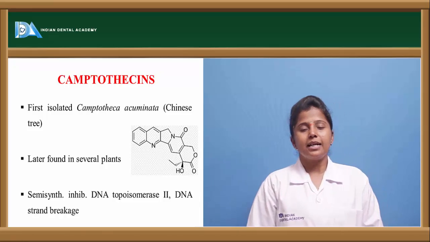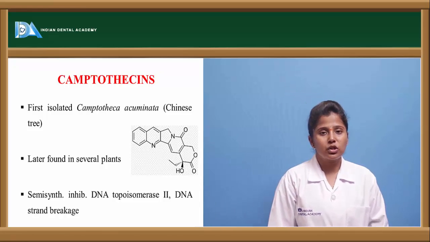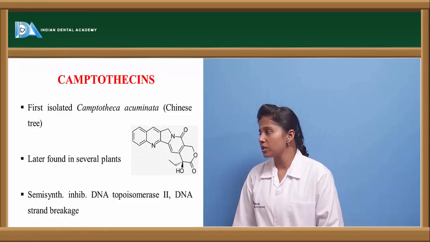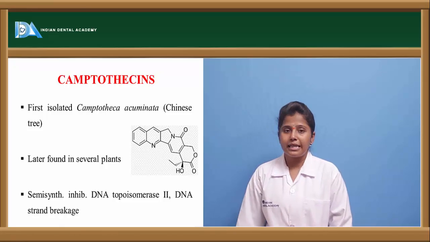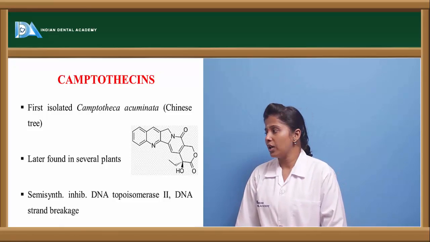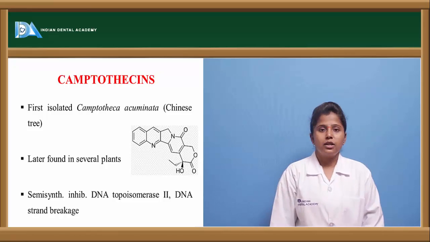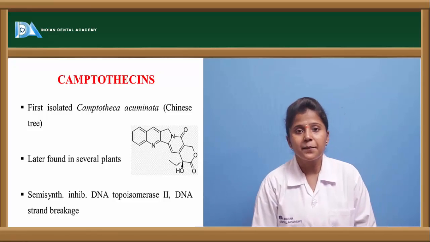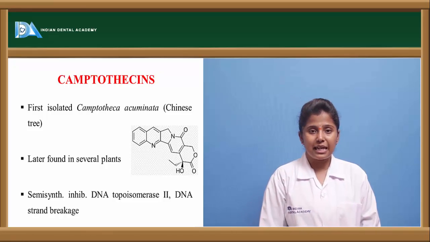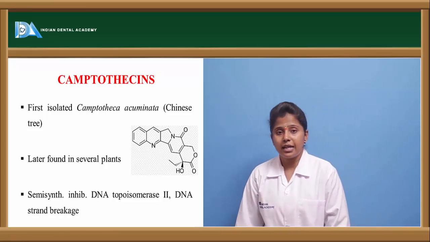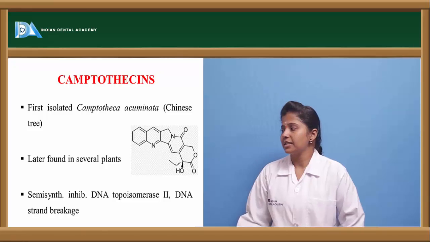The other plant-extracted derivatives are camptothecins. Camptothecin analogues are used, and these are extracted from the plant called Camptotheca acuminata. This is one of the Chinese plants, and from this Chinese plant these camptothecin analogues are derived.